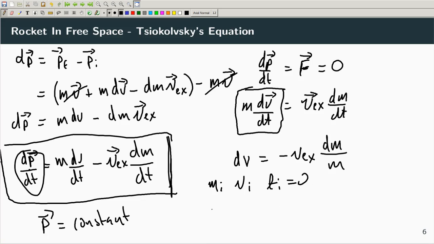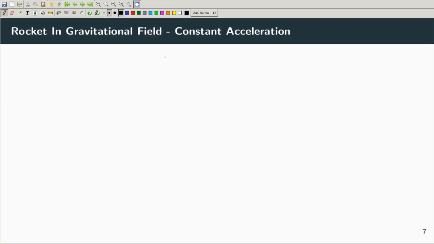Then at some final time t sub f, the rocket has a final mass m sub f, and a final velocity of v sub f. We also assume that the exhaust velocity is equal to some constant, which in general it is. So we can integrate with these initial and final conditions.